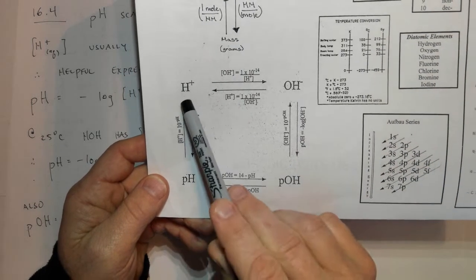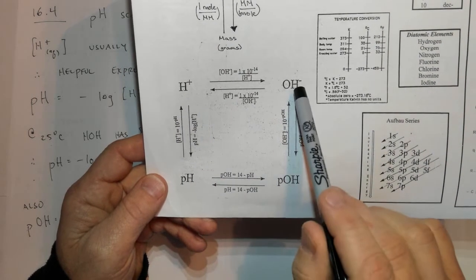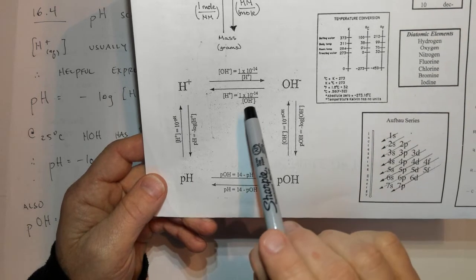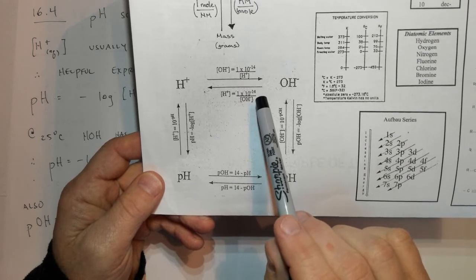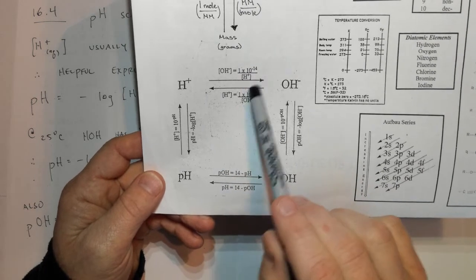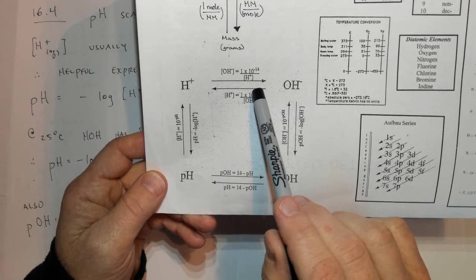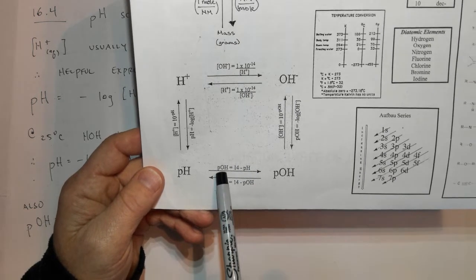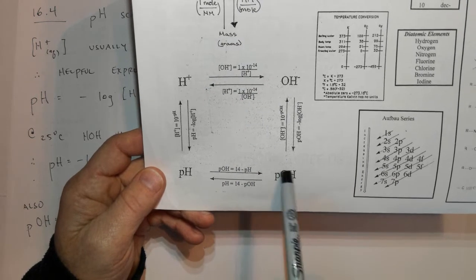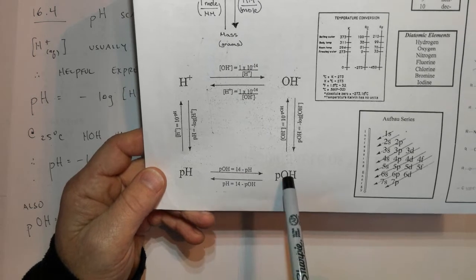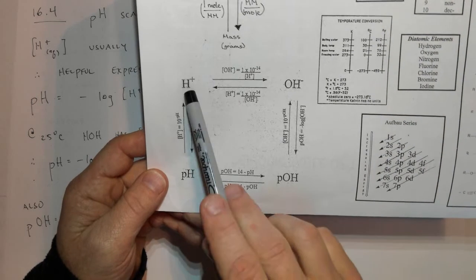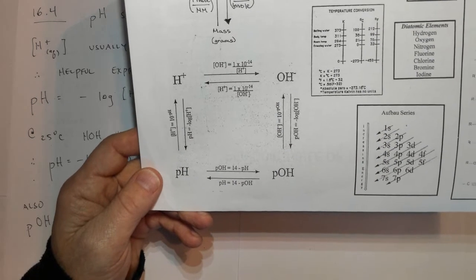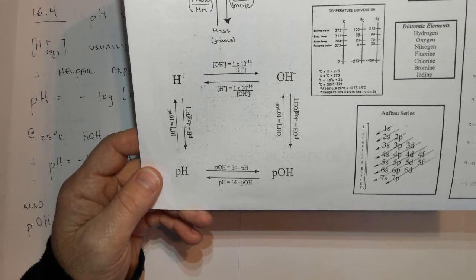And you can see that H plus and OH minus are interchangeable to one another as well, because H plus times OH minus is equal to 1 times 10 to the negative 14th, or the Kw equation to go between. And then a really nice handy equation is that pH plus pOH is equal to 14 down here, and it allows you to easily translate between those two. And so if you know one, you can find 3 other identifying factors about a particular solution.